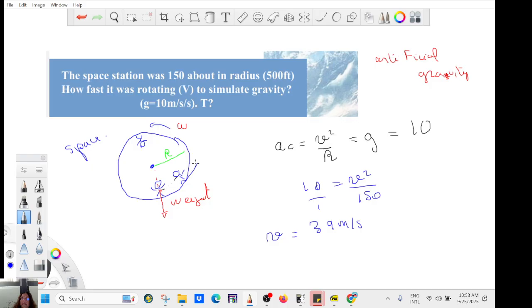That will be your linear speed. Now, if you want to turn that into omega, then you go v equals R omega. And then you can find the revolutions per second, for example. So omega equals 39 divided by 150 rad per second.